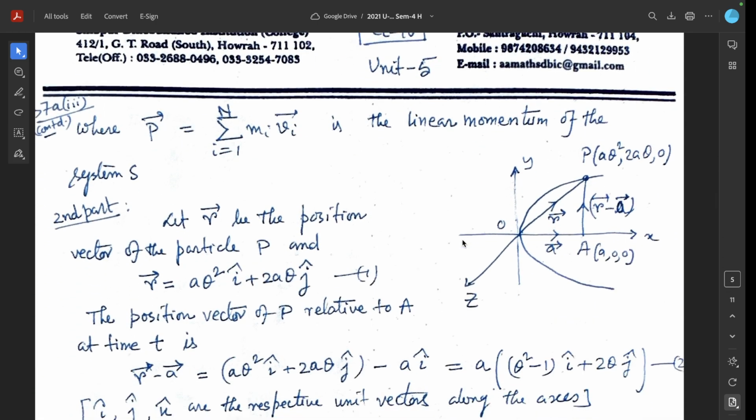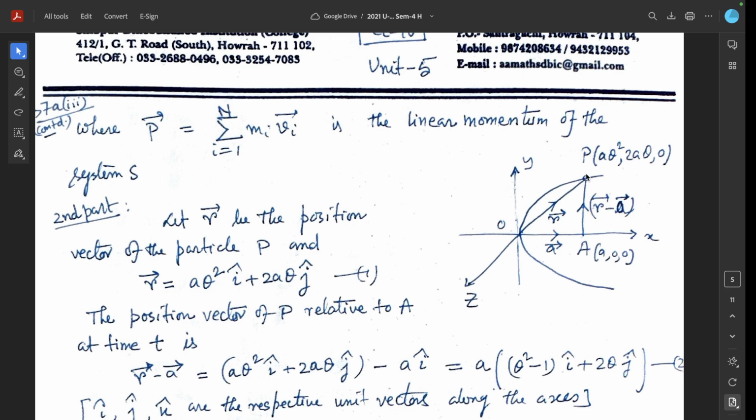The second part of the question: let r be the position vector of the particle P. This is the path of the particle. The coordinates in parametric form are a theta squared, twice a theta, 0. Here this is the z axis, this is the x axis, this is the y axis, and this is the position vector of the point P, r vector, and the point A has coordinates a, 0, 0. So OA is the a vector, and hence AP is r vector minus a vector.